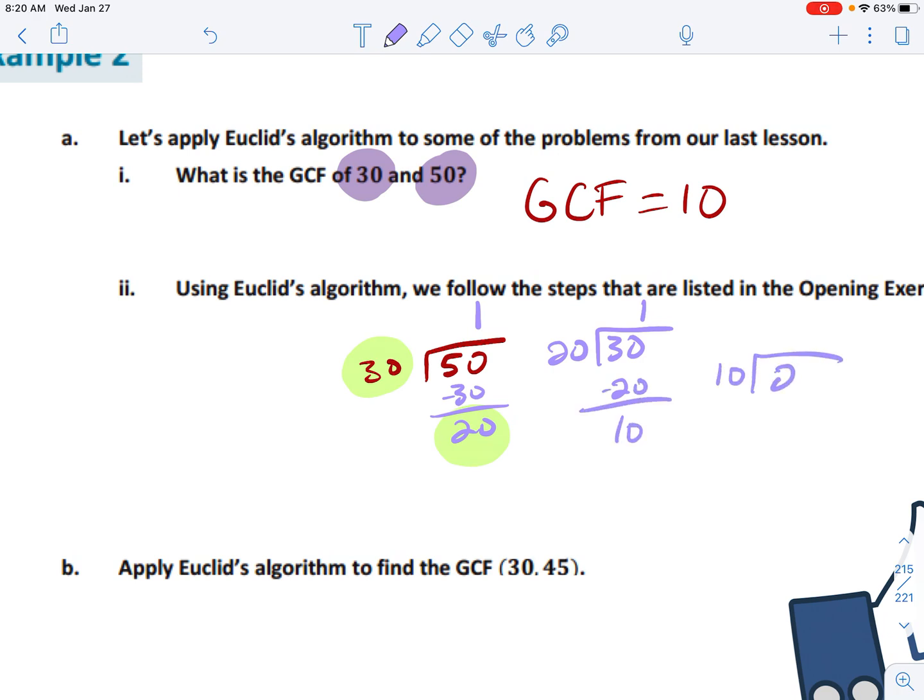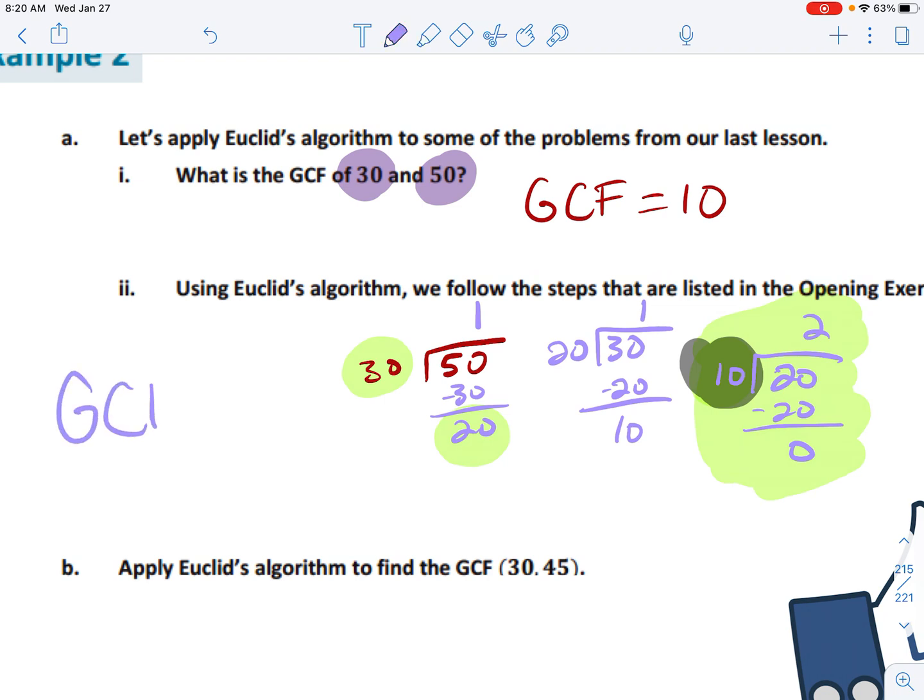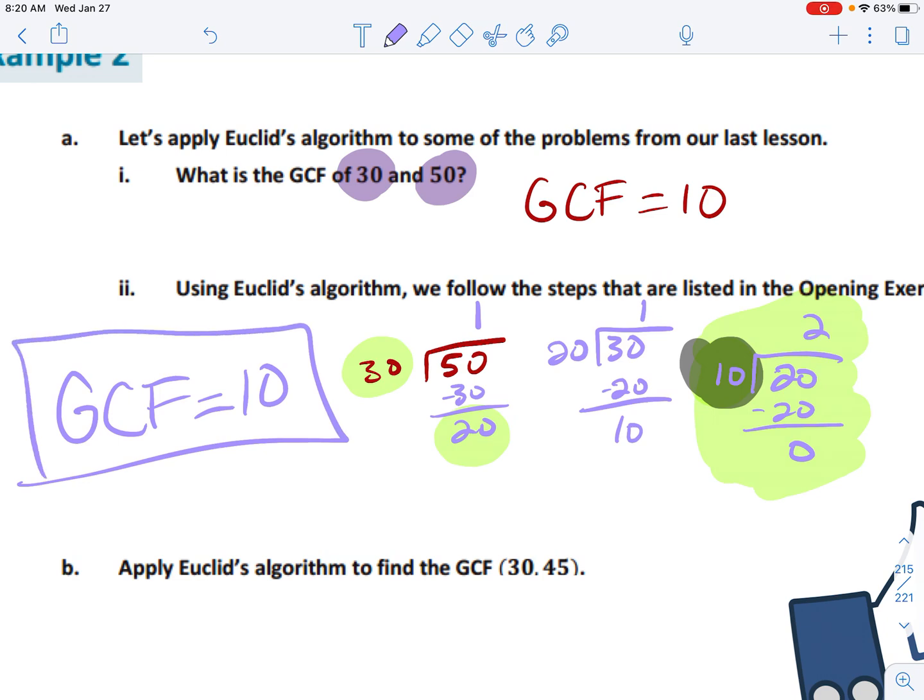Then I do 20 divided by 10, which is 2, and I have no remainder. Once you get to the problem that gives you no remainder, or a remainder of 0, the final divisor, in this case 10, is the GCF. So the greatest common factor equals 10. And that's how we apply Euclid's algorithm.